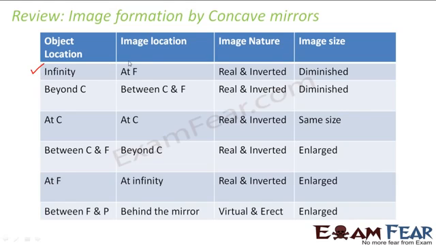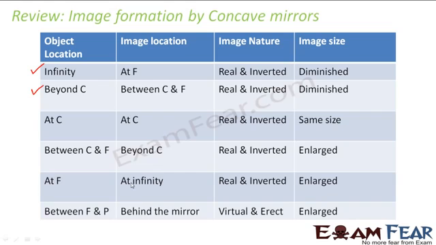When the object is at infinity, the image is formed at the focus, nature is real and inverted, and the size is diminished. As the object is brought a little closer, if you observe, you see that as the object is brought closer to the mirror, the image formed goes away from the mirror, right? The object is brought nearer from infinity to focus, and the image goes from focus to infinity.